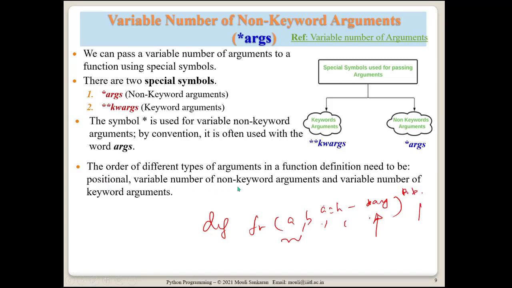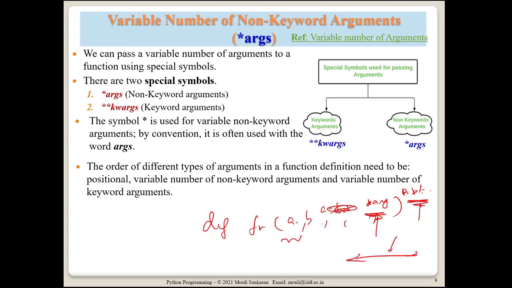Positional first, the variable number of non-keyword arguments next, and then the variable number of keyword arguments. That means you need to have args first and then keyword arguments. So any keyword argument should be at the end.